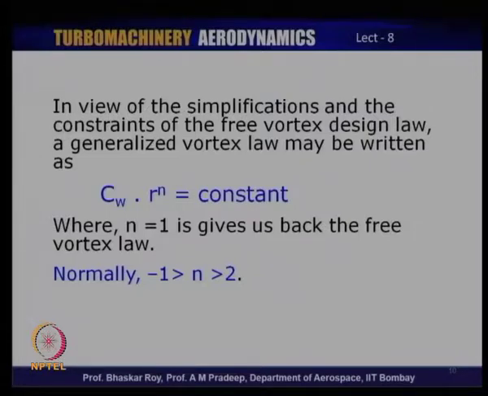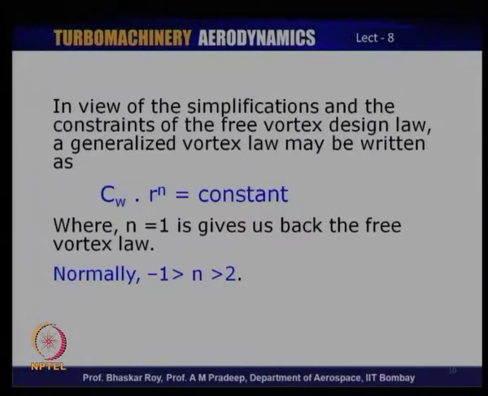Based on this consideration, a generalized vortex law has been put together, which reads C w into r to the power n is equal to constant, where n equal to 1 gives us back the free vortex law. So, free vortex then becomes a one singularity case out of this generalized vortex law.